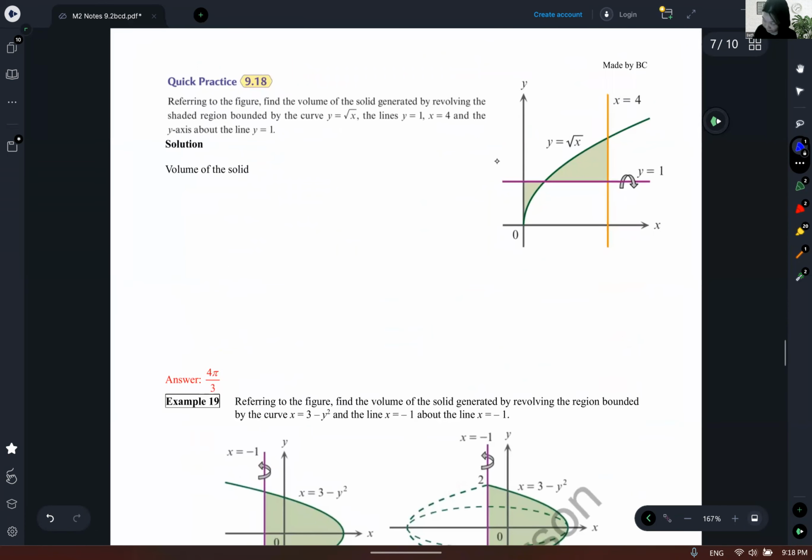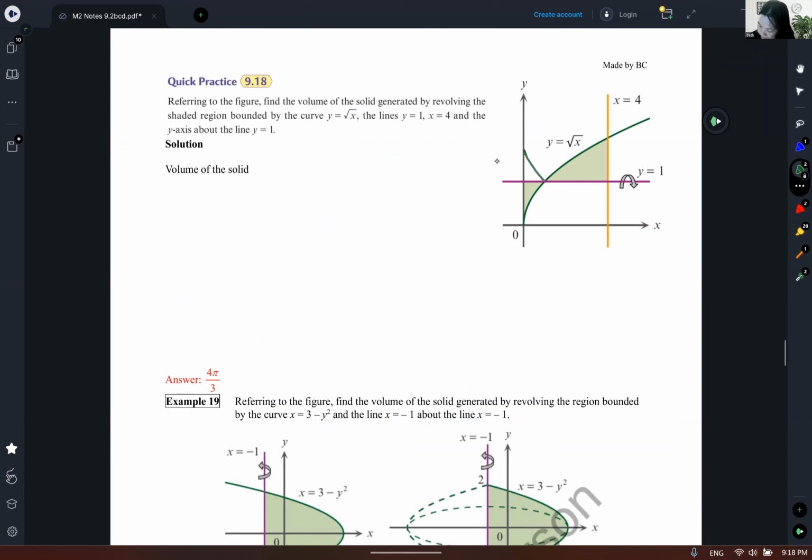Practice. The region revolves around y equals 1. Now this part is below, this part is above.